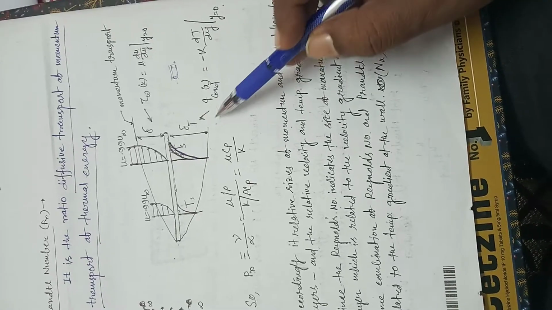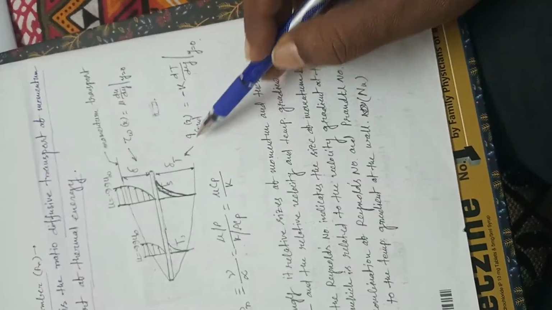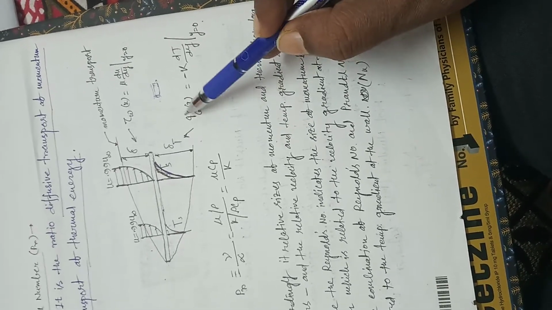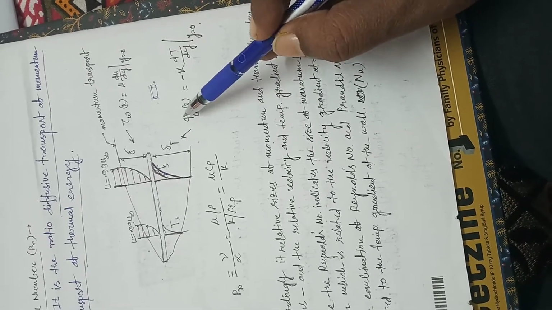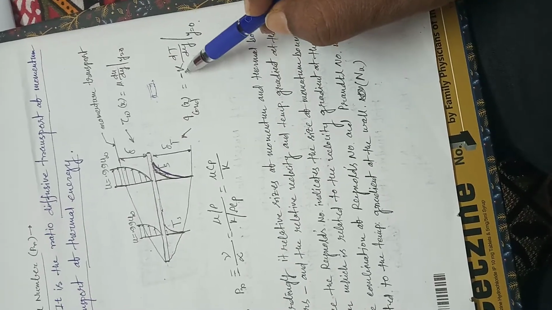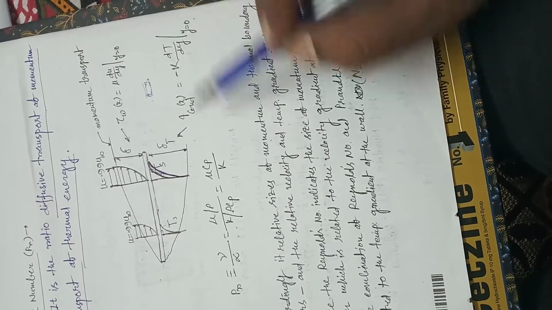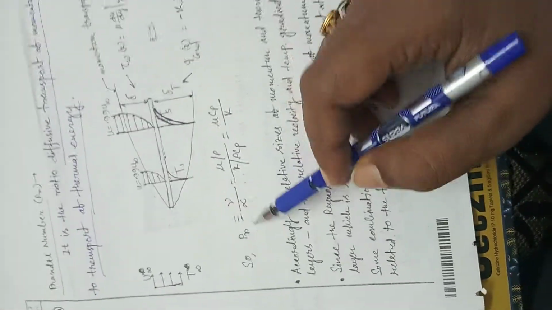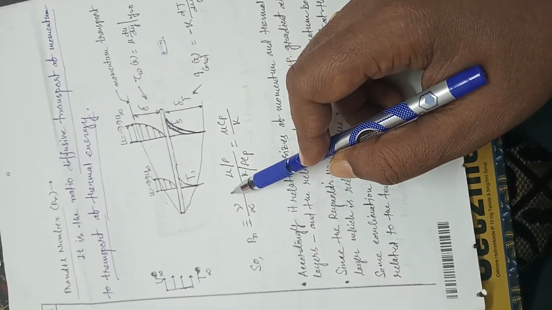And here we can use the conduction principle, that is Fourier's law. The conductive heat transfer is defined by minus k dT by dy per unit area at y equals 0.